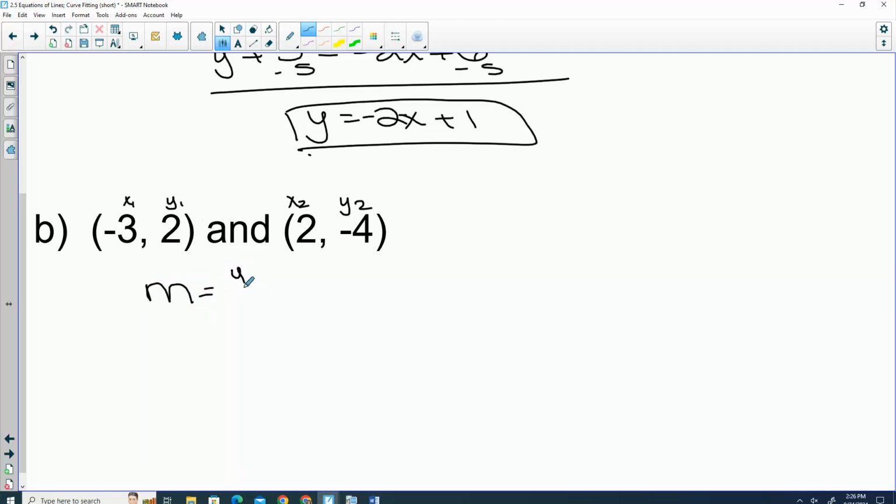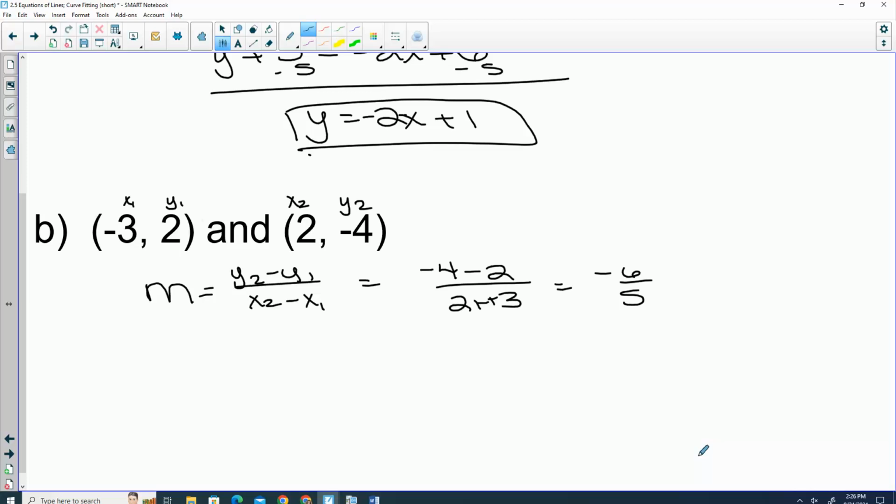So our slope formula from last week. Remember, y2 minus y1 over x2 minus x1. So -4 minus 2 over 2 minus -3. And I get a slope of -6/5.